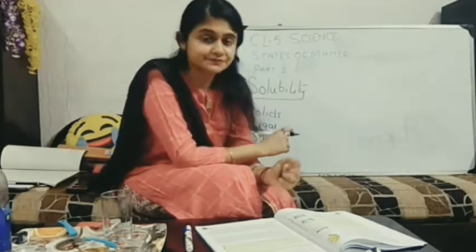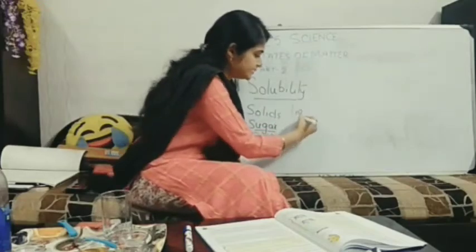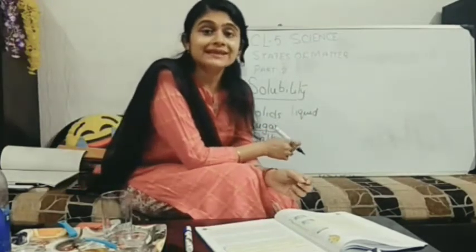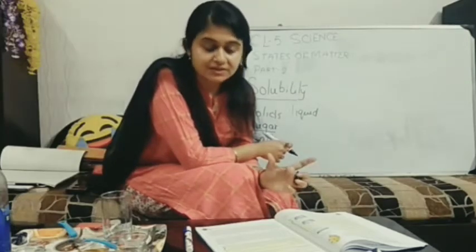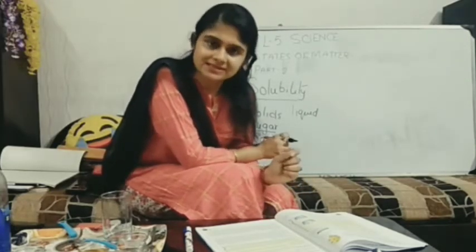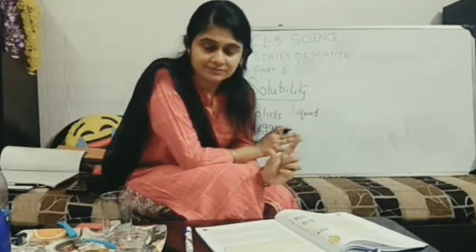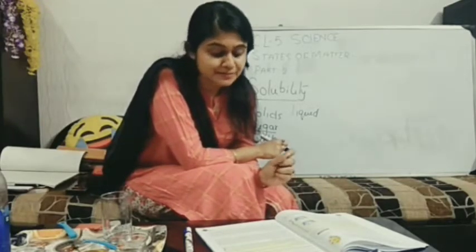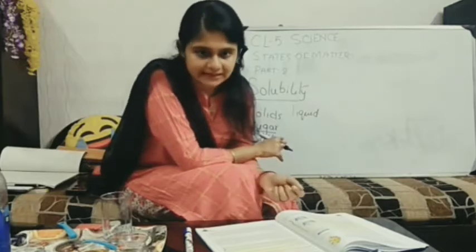Now let's move to liquids. Now, solubility of liquids in water. Most of the liquids dissolve easily again in water, the solvent. You can observe this by performing a simple activity. We will do the activity.